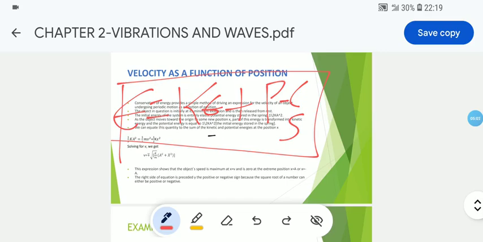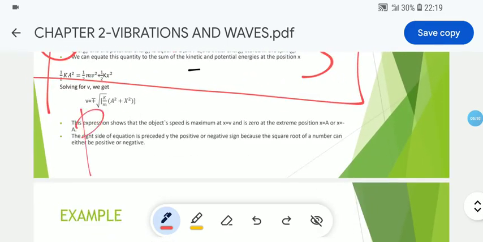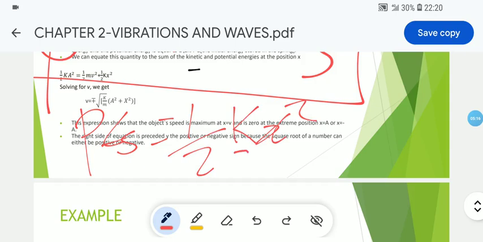Then this elastic potential energy, we said, is nothing but 1 over 2 kx squared, where k is the spring constant.